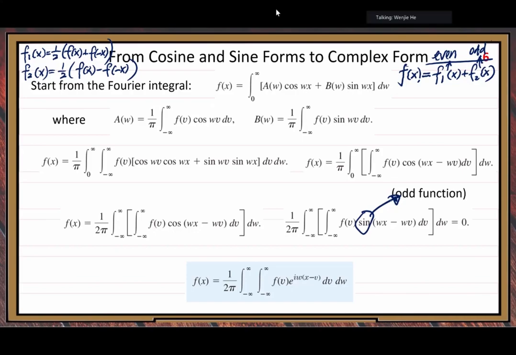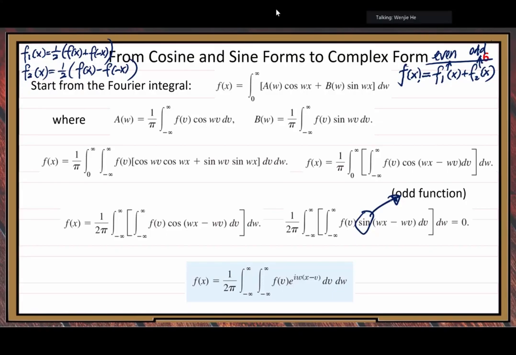Then we have this new form: f of v times e to the i times w times (x minus v). So we have this complex form of the Fourier integral. It is also a Fourier integral, but a complex form of the Fourier integral.